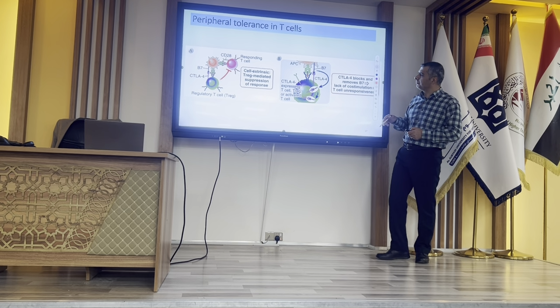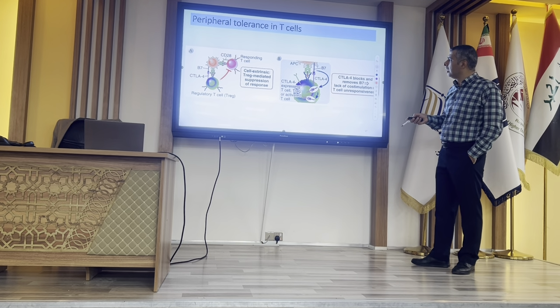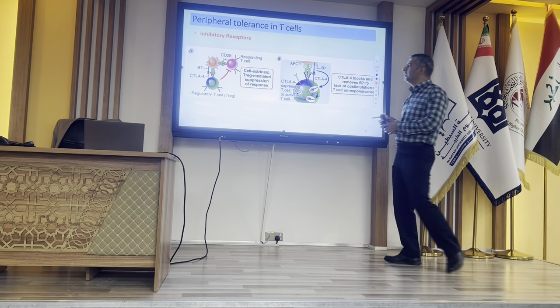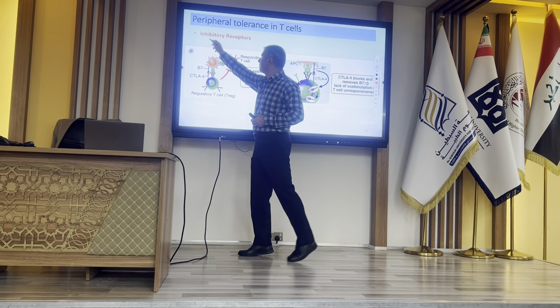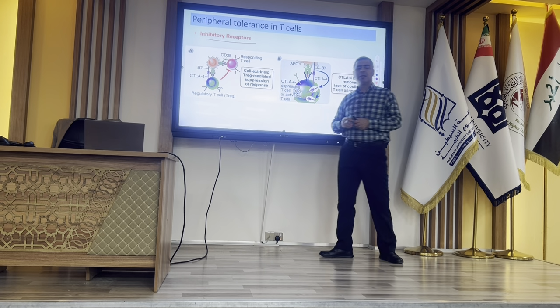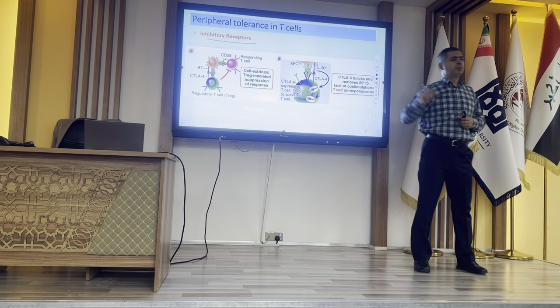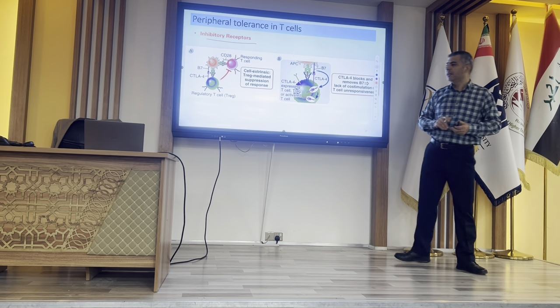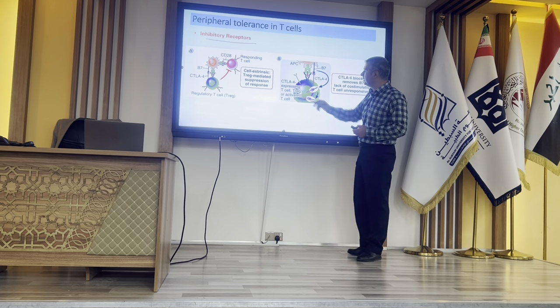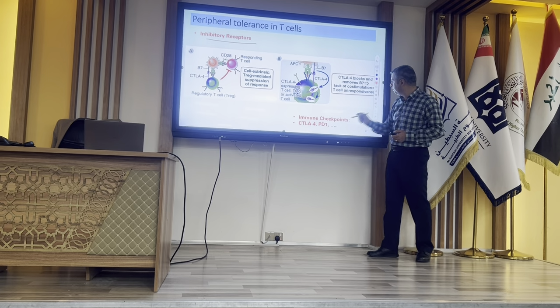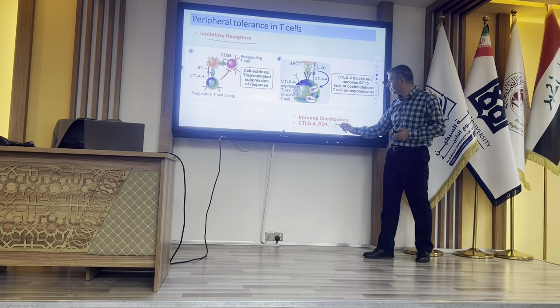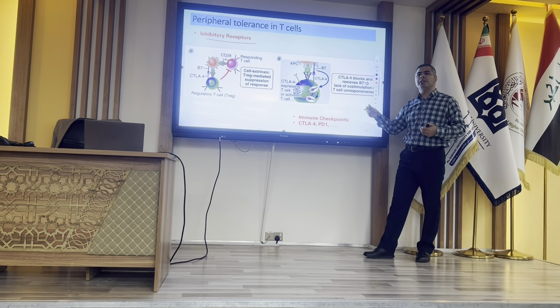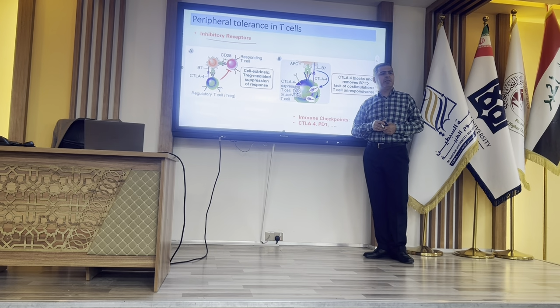Another mechanism is inhibition or suppression by inhibitory receptors. They are opposite to co-stimulators or activatory receptors. We have some receptors including CTLA4 and PD1 and many others. They are inhibitory receptors.